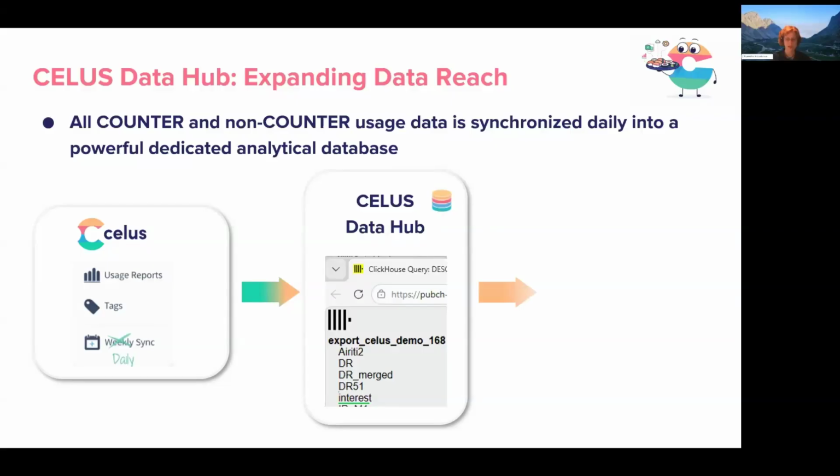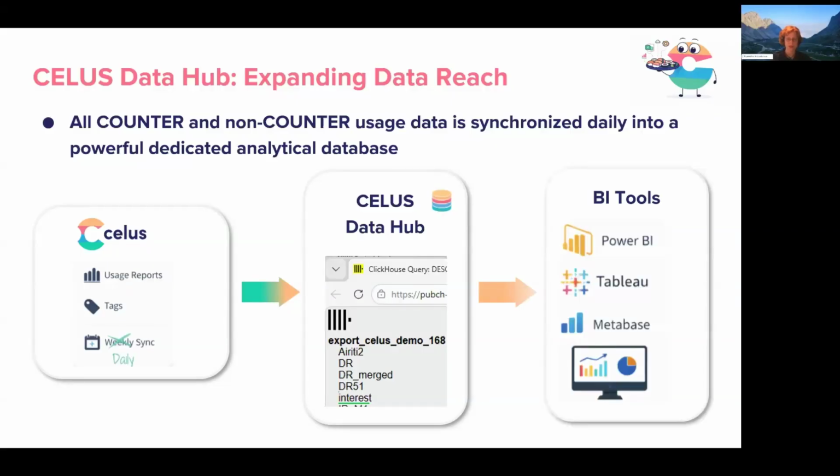It allows you to access the data with business intelligence tools like Power BI, Tableau, or Metabase, or you can query the data directly, and it expands your possibilities of how to use the data once they are in CELUS. And we will speak more about this possibility next week.